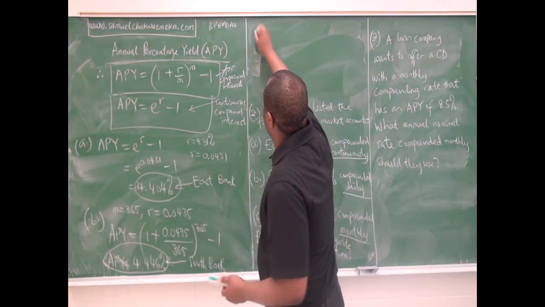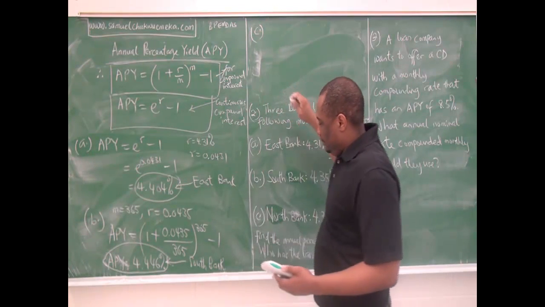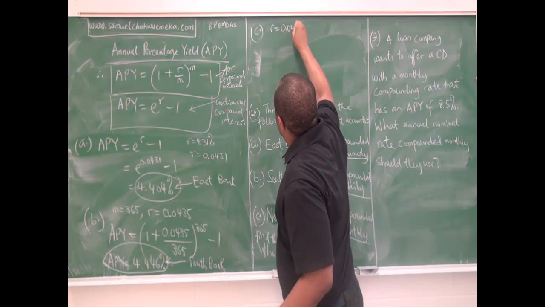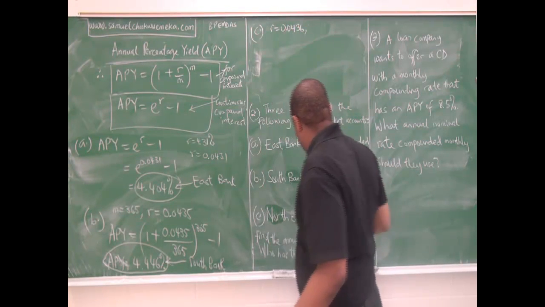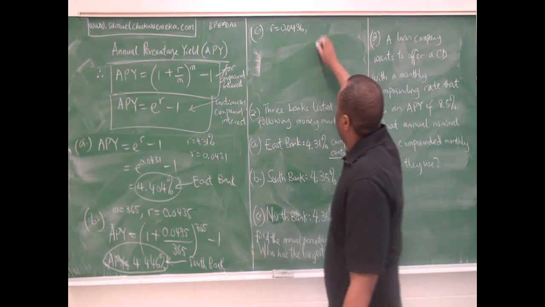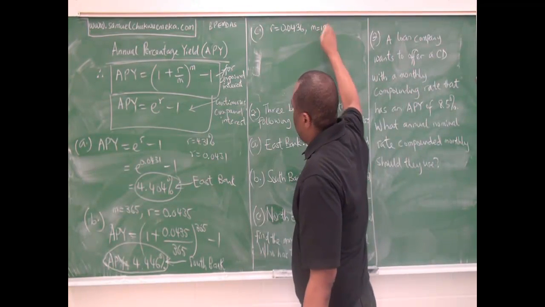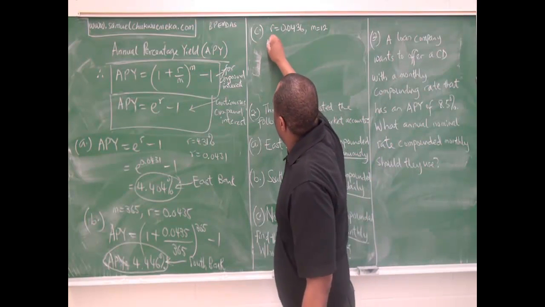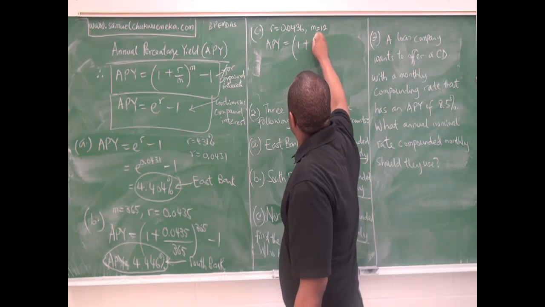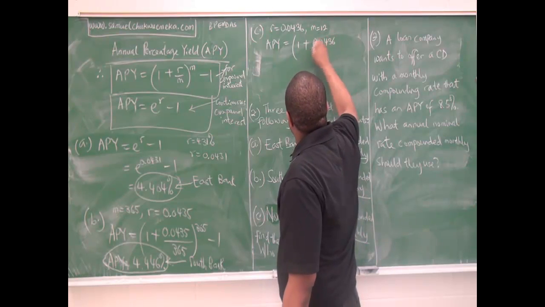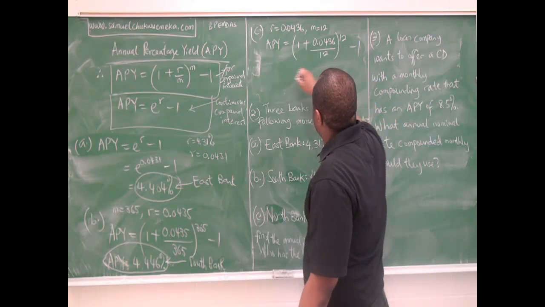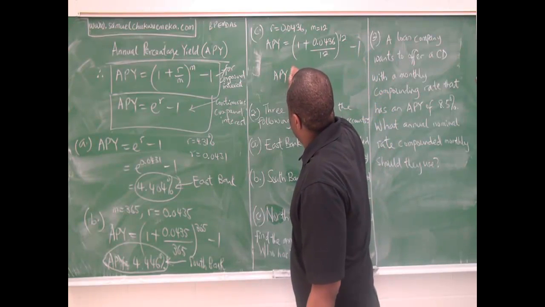Then the last one, C, for the North Bank, our r is 0.0436, right? And it is compounded monthly, so m is 12. So our APY will be 1 plus 0.0436 over 12 raised to power 12 minus 1. So what is the APY?